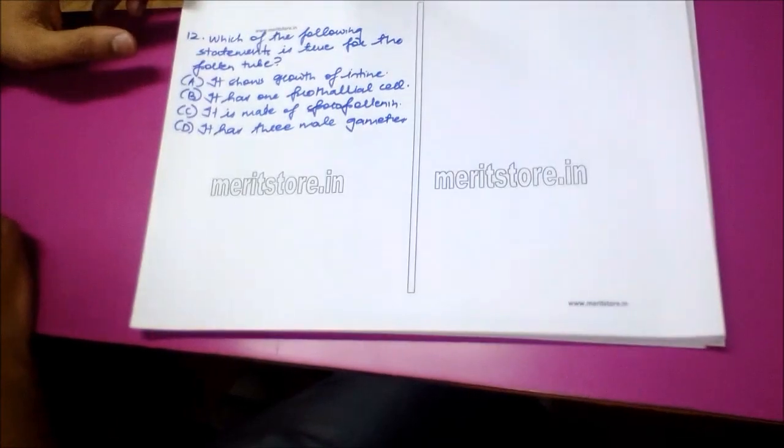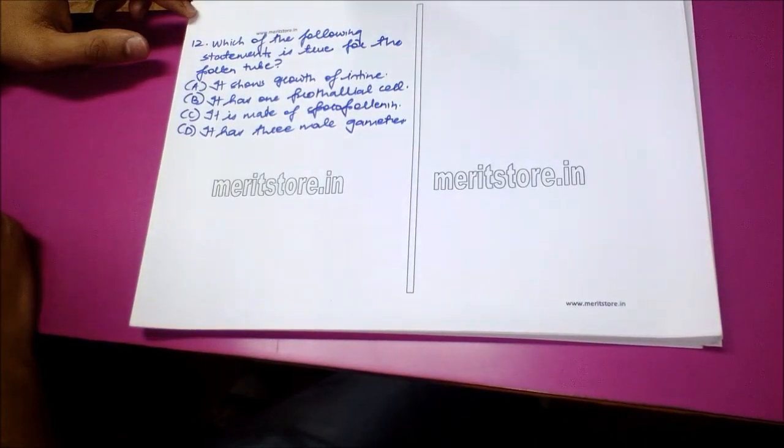Which of the following statements is true for the pollen tube? Option A, it shows growth of intine. Option B, it has one prothallial cell. Option C, it is made up of sporopollenin. And option D, it has 3 male gametes.